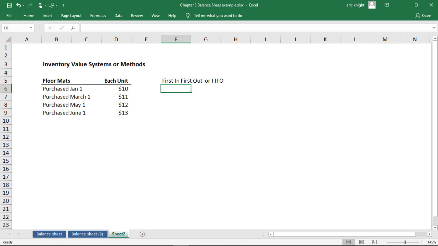However, another method that can be used is called last in, first out, or LIFO. The LIFO system has management assuming that whenever we sell something, we get it from the most recent purchases. So if we got an order for some floor mats, assuming we're using LIFO, we would grab them from the batches that came in most recently.